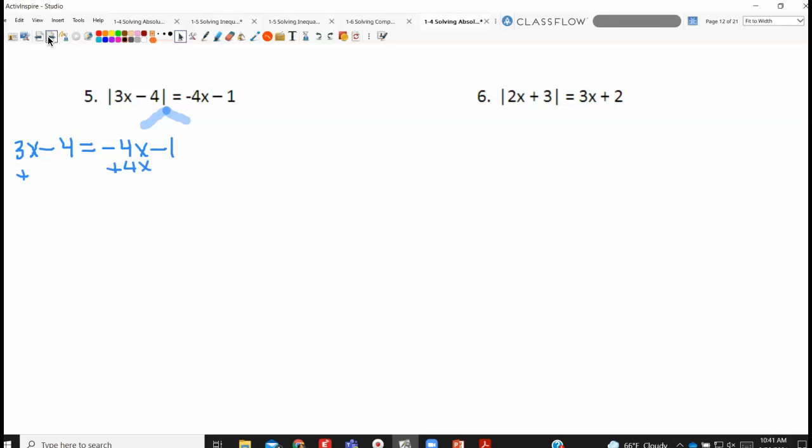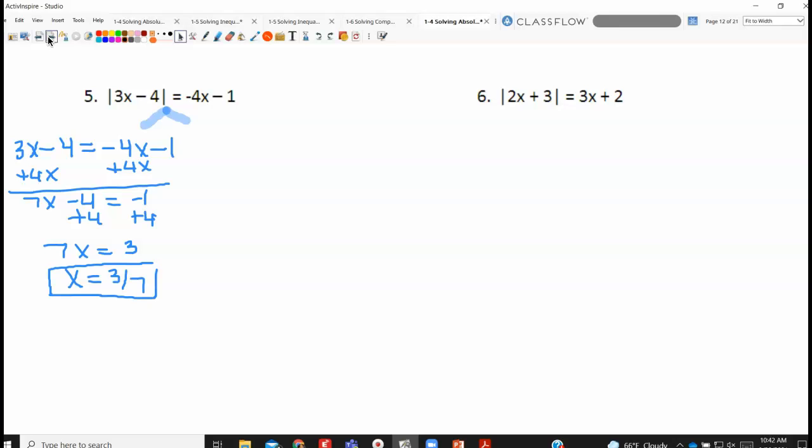So we'd add 4x, add 4. For the negative side, you drop your absolute values.